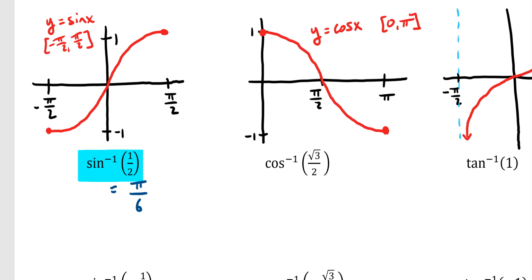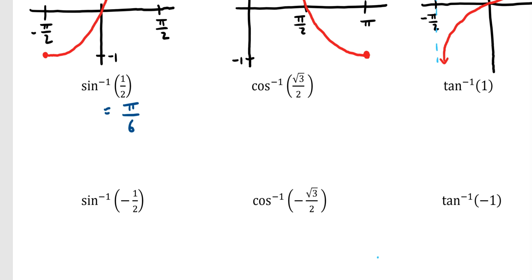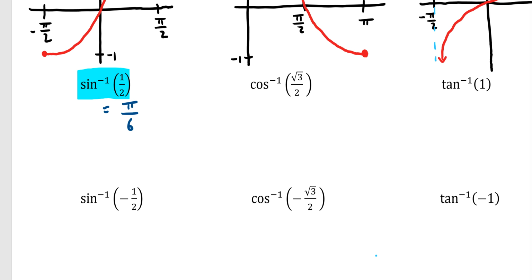Sine inverse of 1/2 is pi/6 because sine of pi/6 equals 1/2. Since 1/2 was positive, we knew pi/6, the reference angle, was the answer. The reason I did this one, even though it was already positive and we already did this, is because we can now compare sine inverse of 1/2 with sine inverse of negative 1/2.